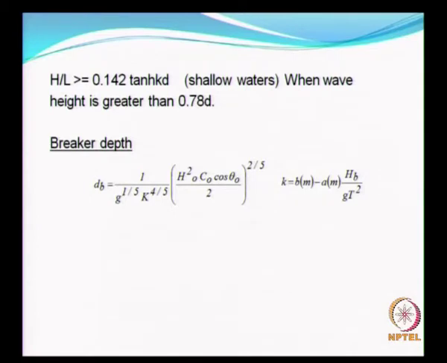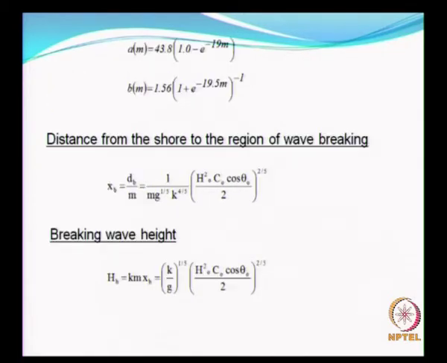So there is another formula wherein, as you have here, this k is given by this parameter, and am and bm are the parameters given here, wherein m is the beach slope.